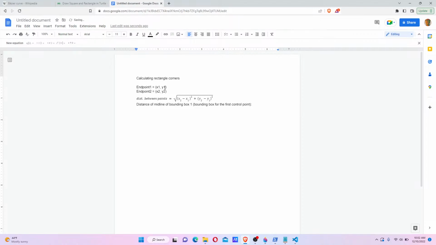Okay, so how do we find the distance? It's 70% of the distance between endpoints.